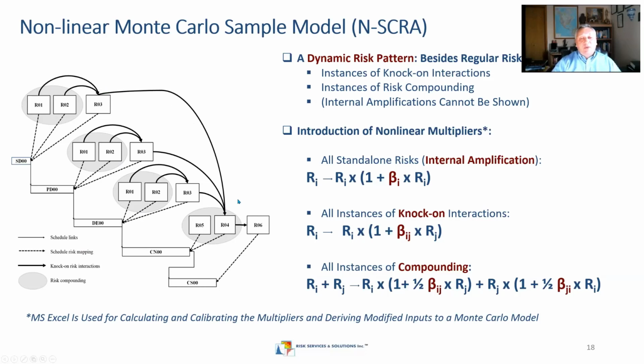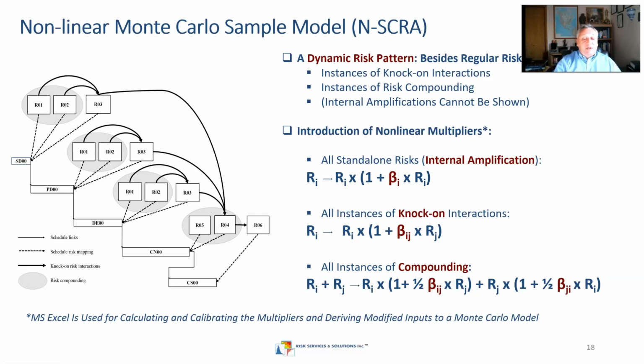And we saw the formulas already. We need to modify our risk register that we use for Monte Carlo modeling. Every standalone risk should be replaced by this expression, every instance of knock-on interaction should be replaced by this nonlinear expression, and in the case of compounding, we have another expression.